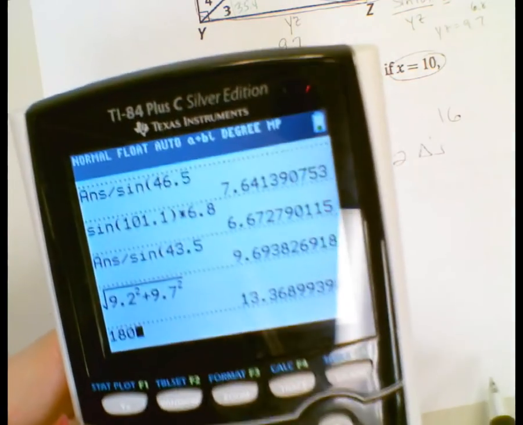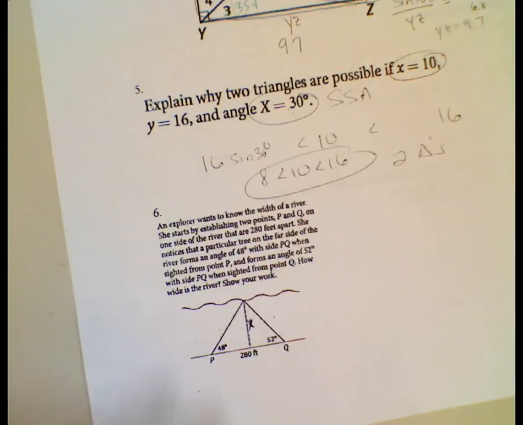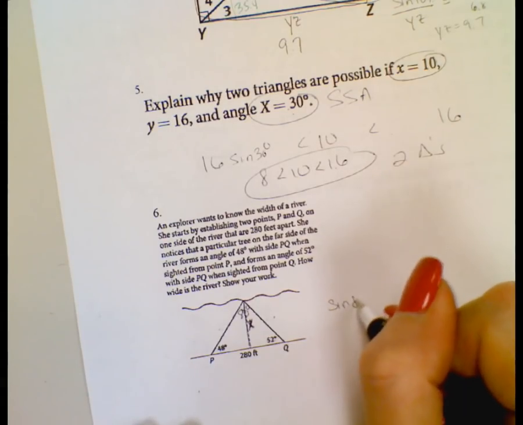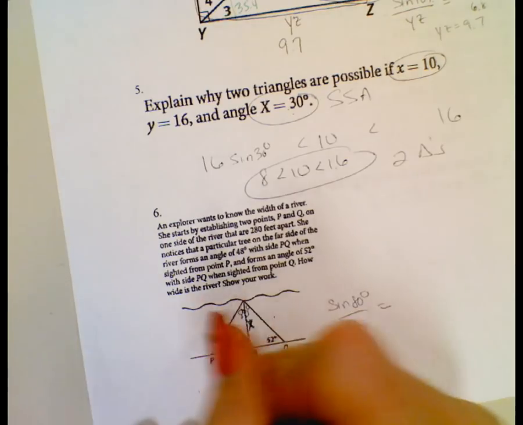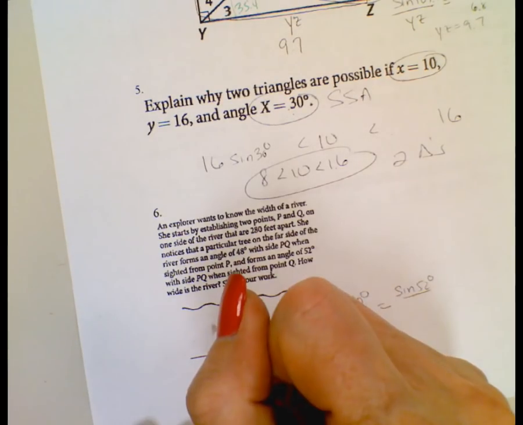So we're going to take 180 minus 52 minus 48, and it's going to equal 80. So this whole angle up here is 80. So we're going to start by going sine 80 over 280 equals, it doesn't matter which side we find, we'll go sine of 52 over this side right here.